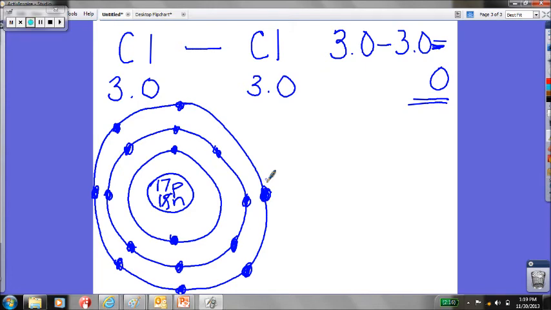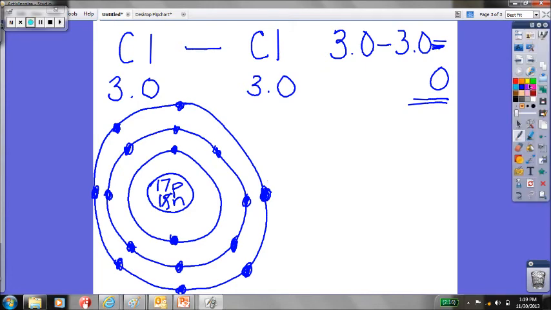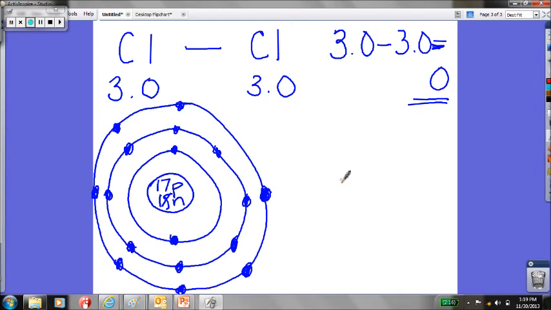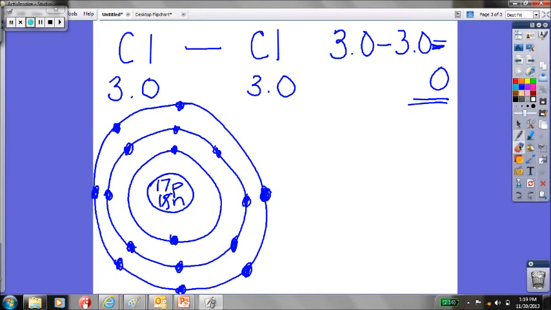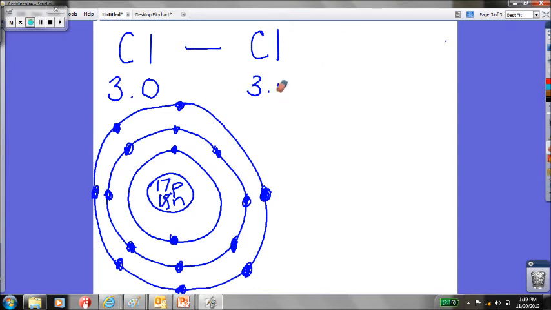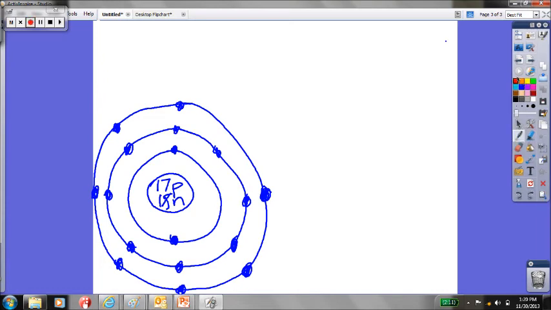In order to show the bonding, I need to draw another chlorine atom. I'm going to start my other chlorine atom over here. Actually, I'm going to erase some of what I wrote up here. Okay. Now I'm going to start drawing my next chlorine atom.